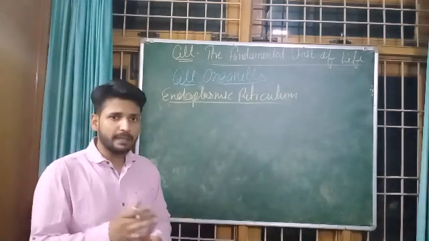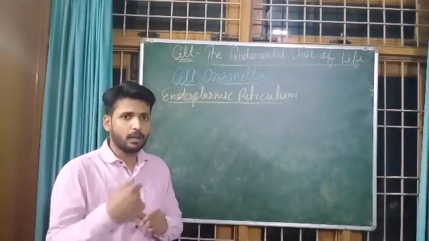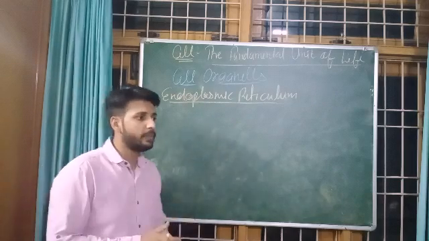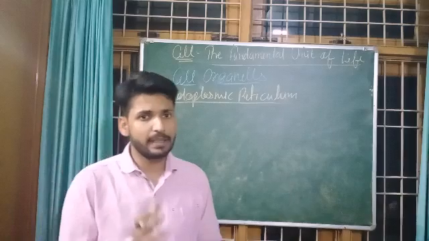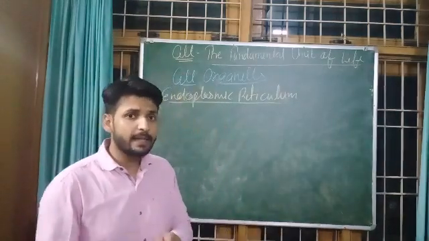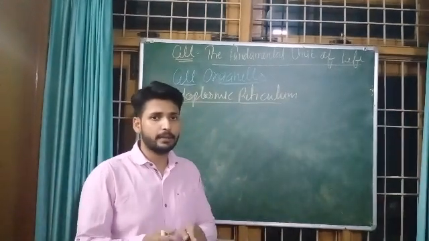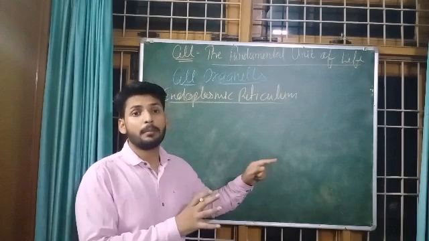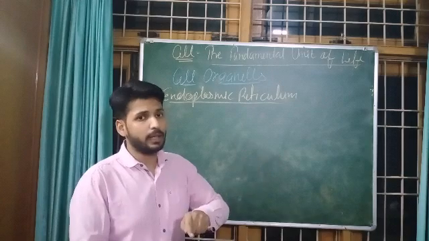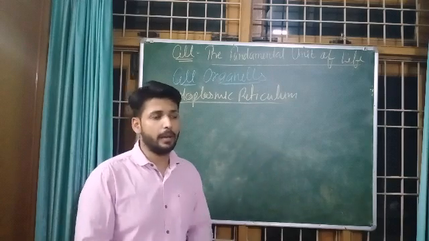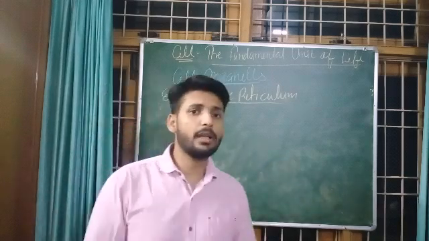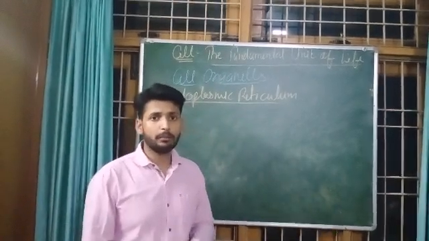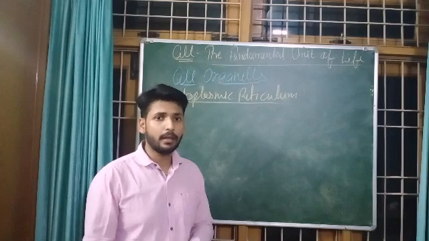I told you these are present just above the nuclear membrane, and sometimes these organelles are attached to the nuclear membrane inside the cell and extend till the plasma membrane. They connect the nuclear membrane and plasma membrane also, and their function is to transport the material or food inside the cell.